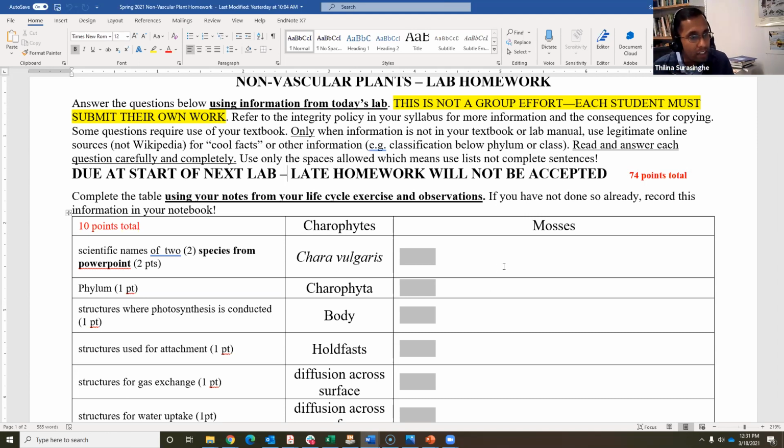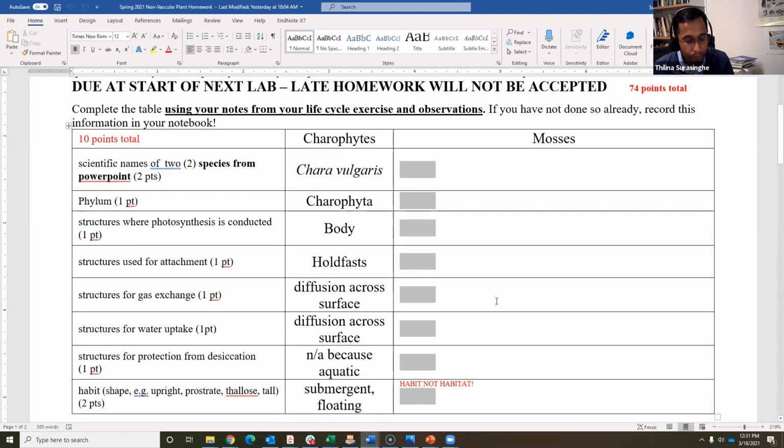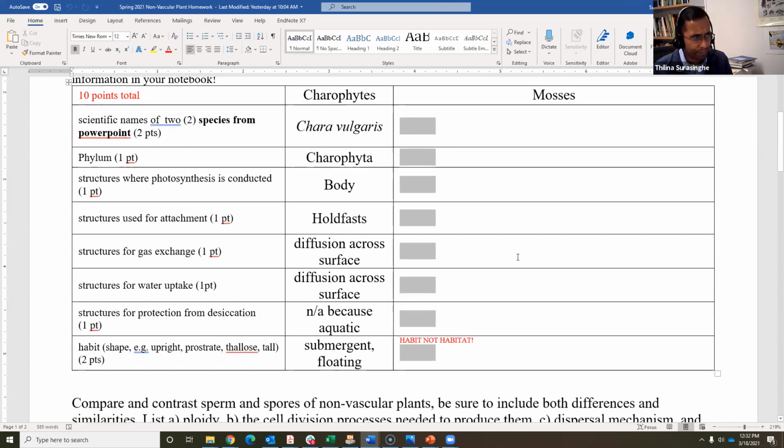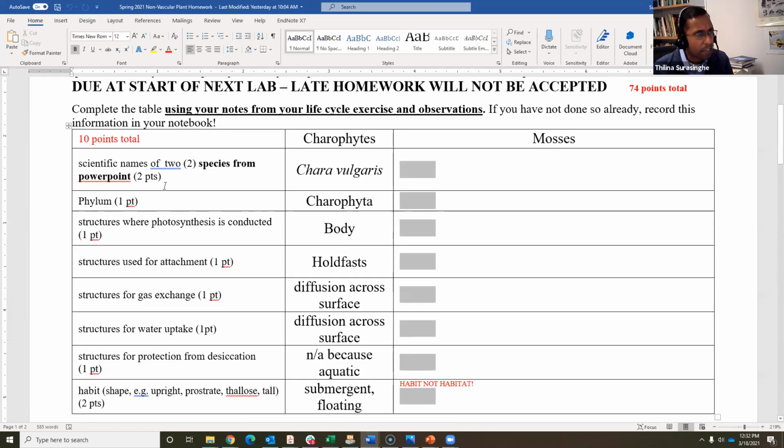The first part is to complete the table using your notes from your life cycle exercise and observations. If you have not done so already, record this information in your lab notebook. Then, the scientific names of 2 species from the PowerPoint, from the presentation we just did, right?